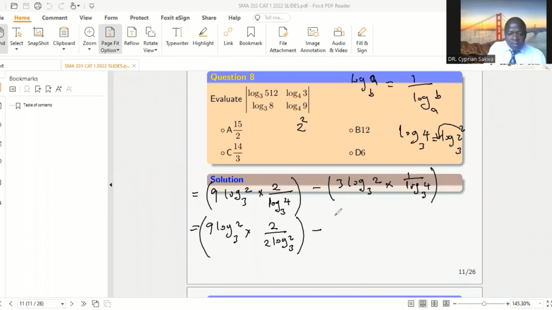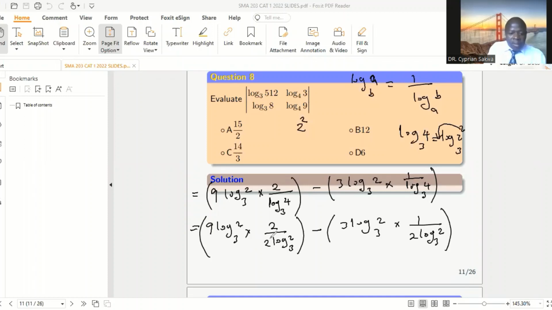Minus 3 log of 2 to base 3, and this one can also be rewritten as 1 out of 2 log of 2 to base 3.